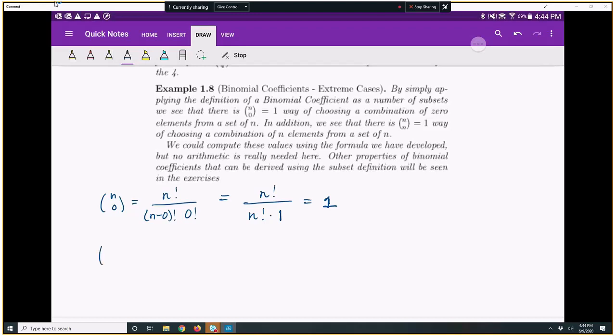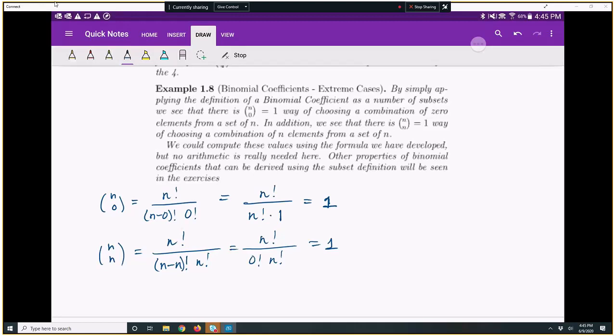Also, if we did n choose n, then we would find that this is n factorial over n minus n factorial times n factorial, which is n factorial over 0 factorial times n factorial, which is exactly the same thing that we already had. It's 1. So there's also one way of choosing n elements from a set of n.